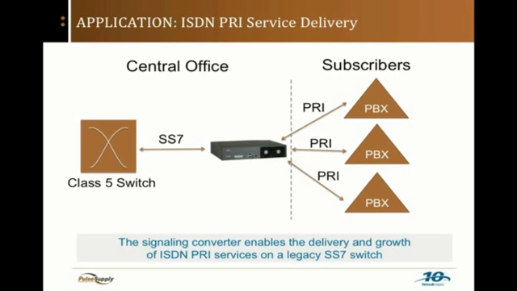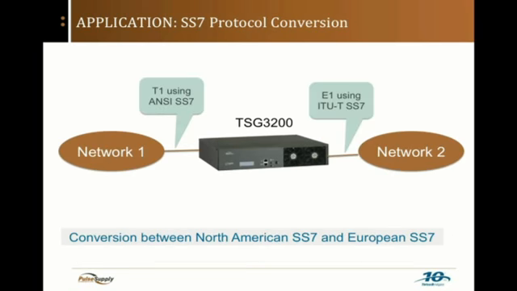So it's possible to use another device in front of this switch that will interconnect using SS7 to the class 5 switch, but will provide ISDN PRI services to subscribers. So it can allow you to extend the life of your older class 5 switch, or possibly even deploy the PRI services in a more timely fashion than you could on your existing switch.